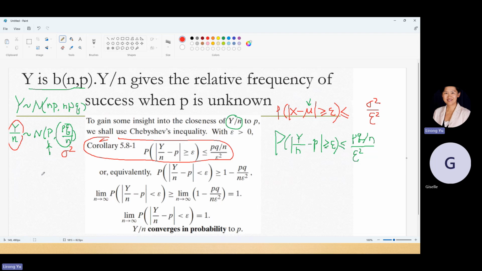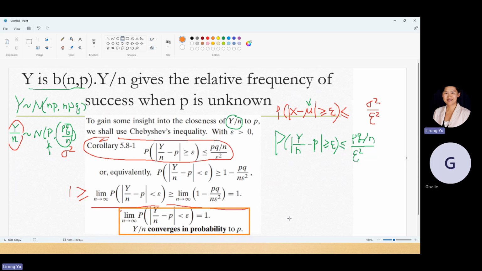So the limit of this probability is bigger than 1, and also smaller than 1 by definition, because this is a probability. Using the squeeze theorem in calculus, it must equal 1. So we know the limit of this probability is equal to 1.